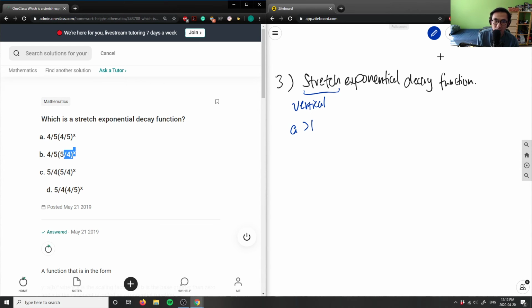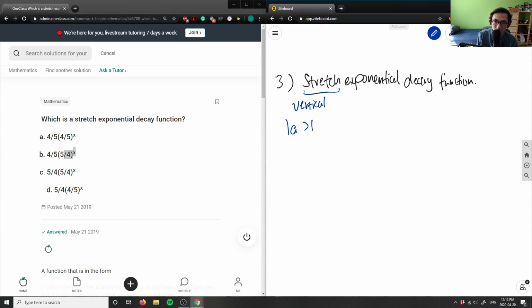C and D have a value of A greater than 1, but one doesn't have an exponential decay. So when we talk about exponential decay, the base has to be between 0 and 1, right? I'll say the base would be, let's say, B. B has to be between 0 and 1 to get an exponential decay, right?